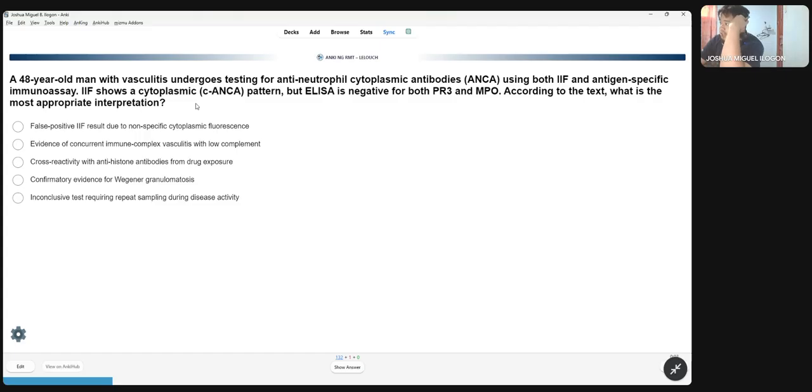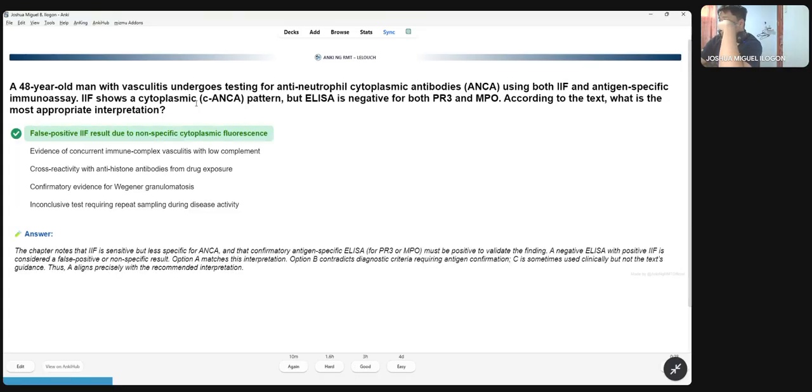48-year-old man with vasculitis undergoes testing for anti-neutrophil cytoplasmic antibodies using both IIF and antigen-specific immunoassay. IIF shows cytoplasmic. ELISA is negative for PR3 and MPO. What is this? I don't know.